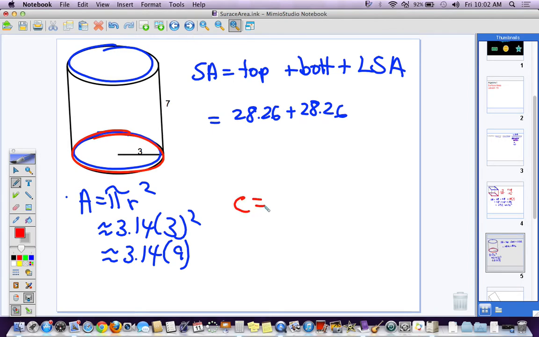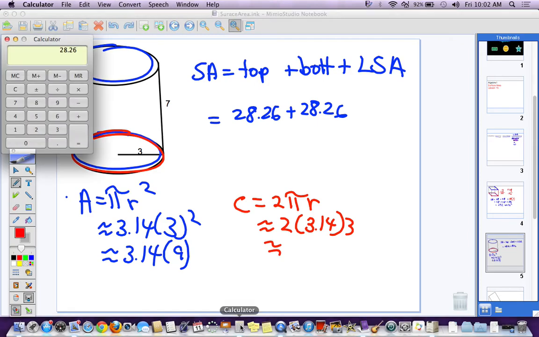To find the circumference of a circle using radius, it's 2 times pi times radius, which is 2 times 3.14 times 3. 2 times 3 is 6, so what's 6 times 3.14?